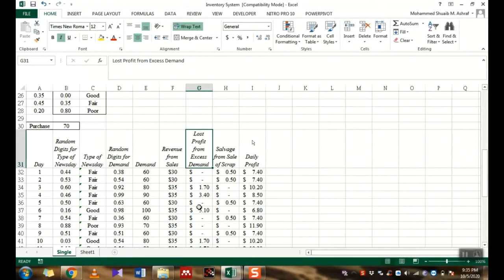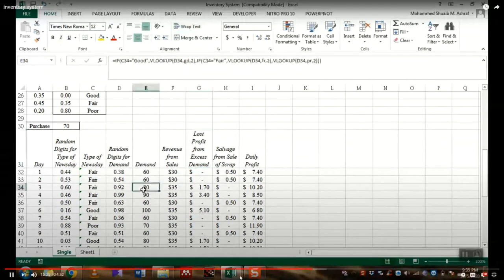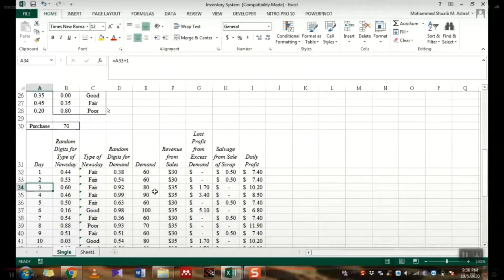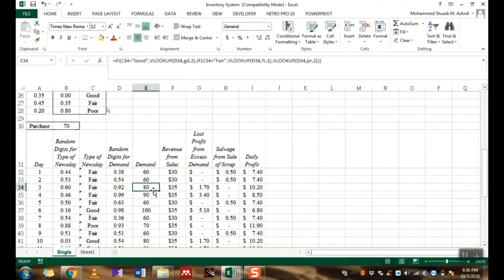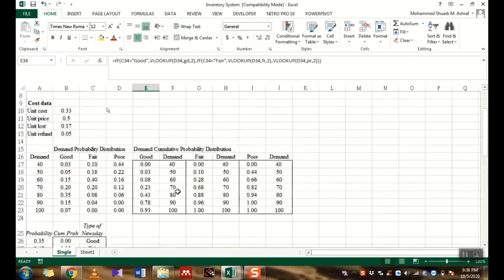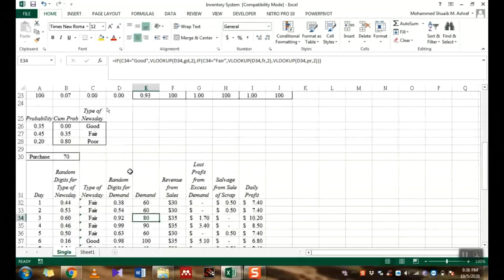What do we mean by lost profit? On day third, the demand is 80 and we have 70 newspapers. So how many customers returned? 10 customers. What is the loss of that day?